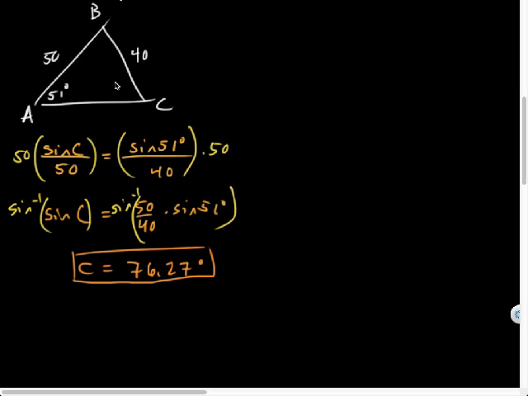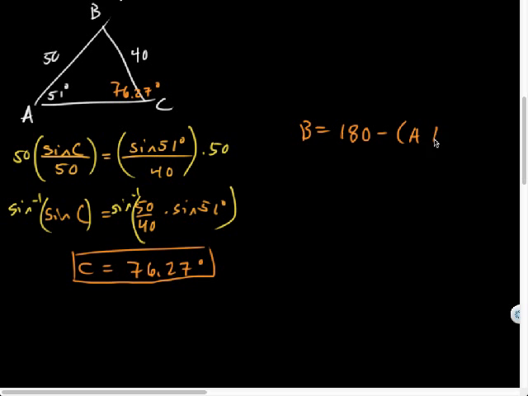So there's my 76.27 degrees. Now I can find angle B. How do I find angle B? Well, I don't have side B, so I can't use the law of sines.